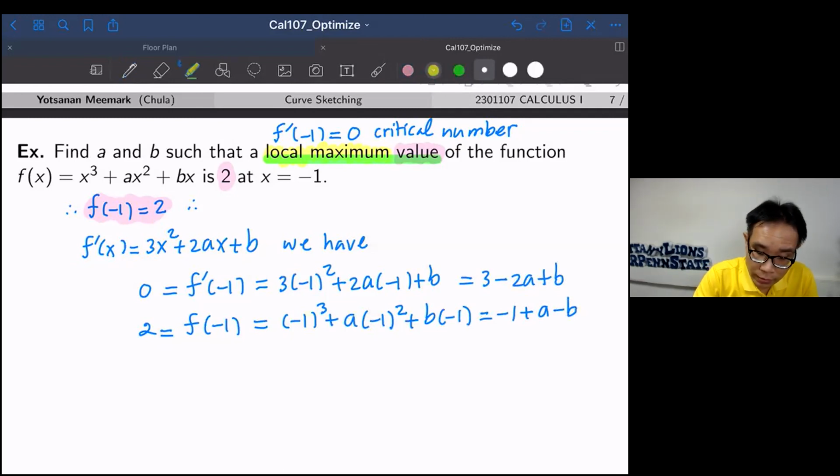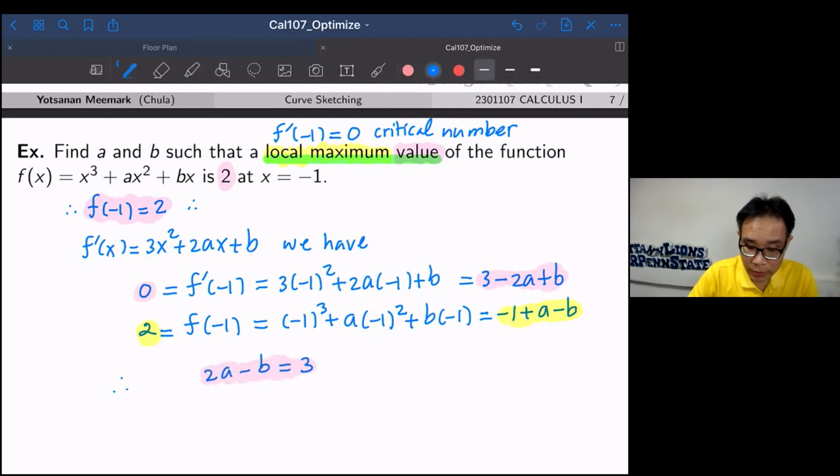So you get the yellow equation, and you also get the pink equation. You have 2a minus b equal to 3 from the pink equation, and a minus b equal to 3 from this equation. So everything is correct.